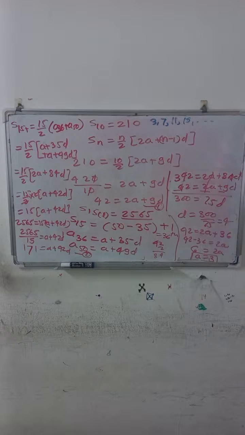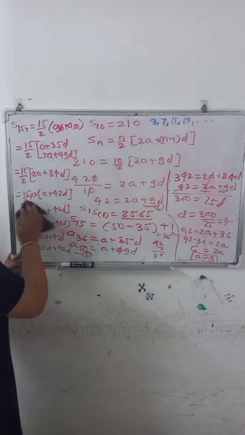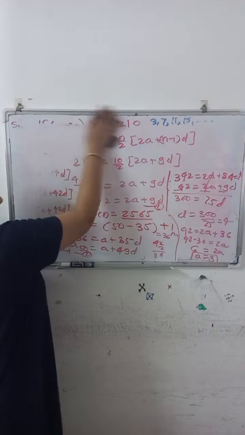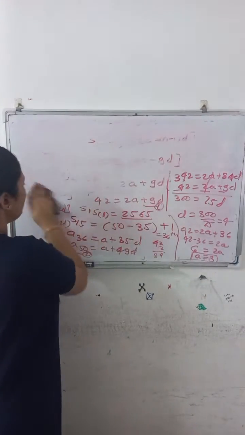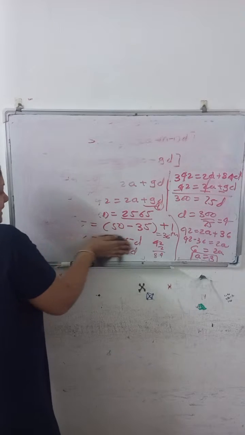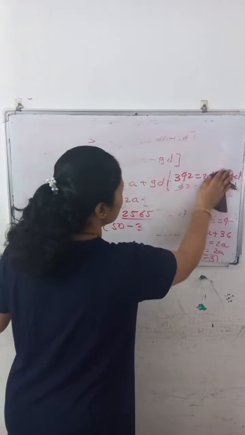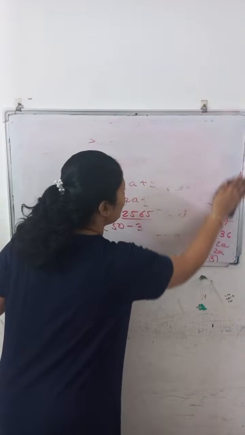So here in short they gave an AP. Okay, she is saving a total of 6,500. She saved 450 rupees in the first month. So here the first term is 450. And after that every month she is increasing. Raised means she is increasing her savings by 20 rupees.